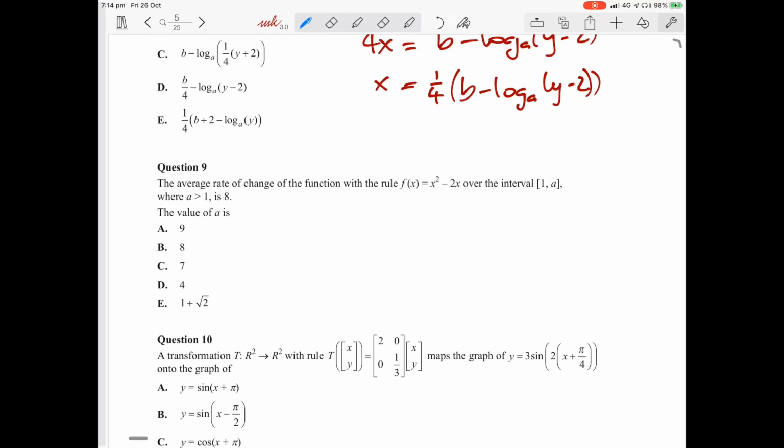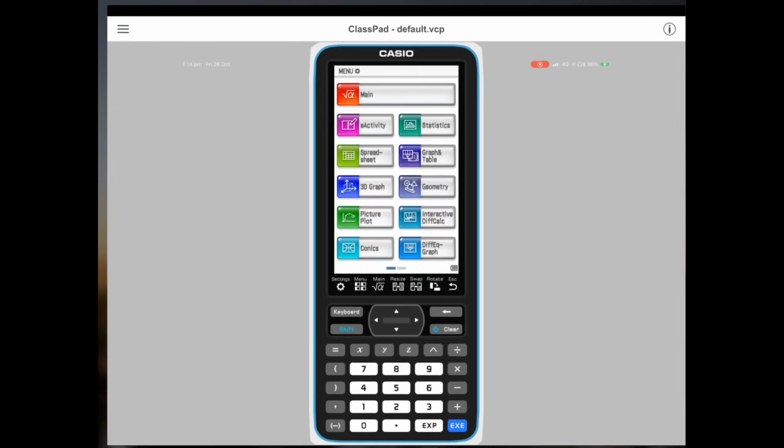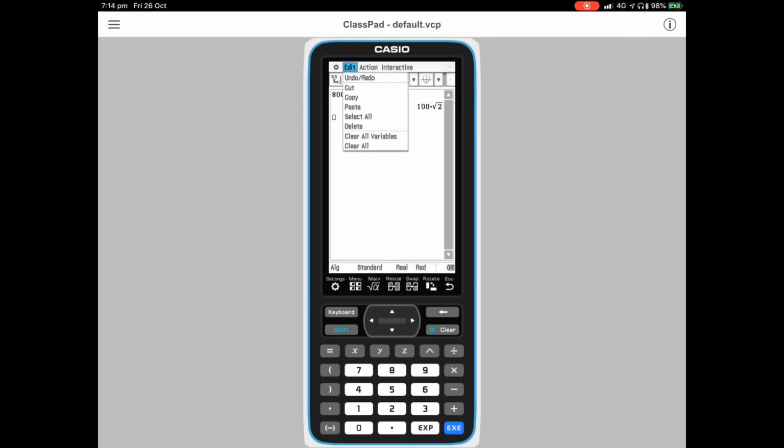The average rate of change of x squared minus 2x, from 1 to A, where A is greater than 1, is 8. So let's define f of x as x squared minus 2x. Just quickly define it.